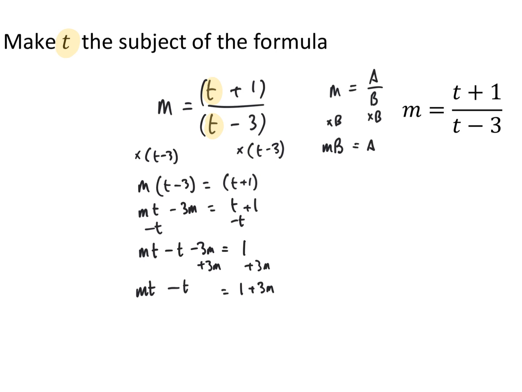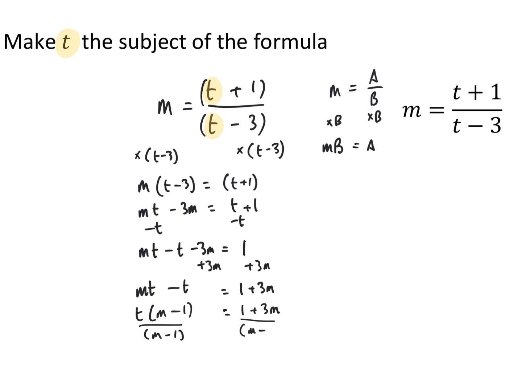Now, two instances of the letter t, both of these terms have the letter t in common, so I just take it out as a common factor. And this is just t multiplied by this expression. So to get rid of the multiplication, I'm going to divide each side by m minus 1.